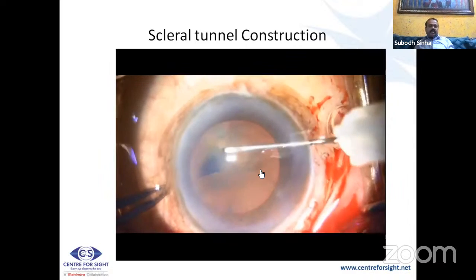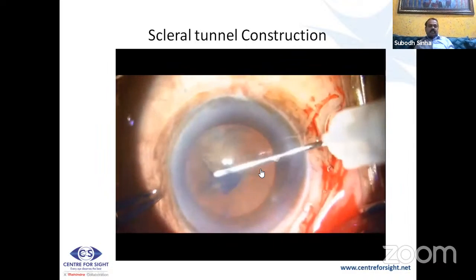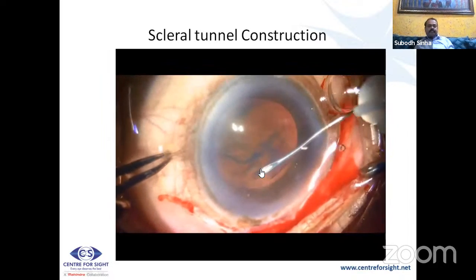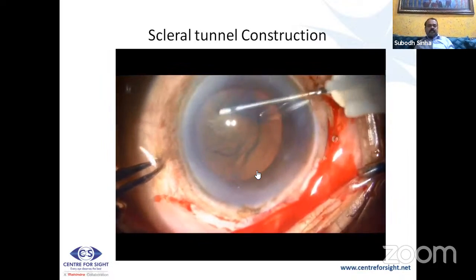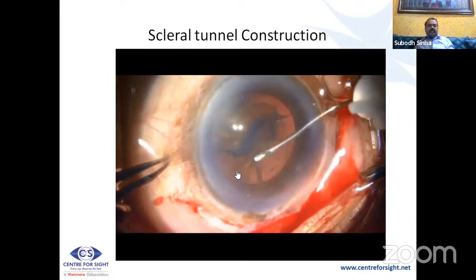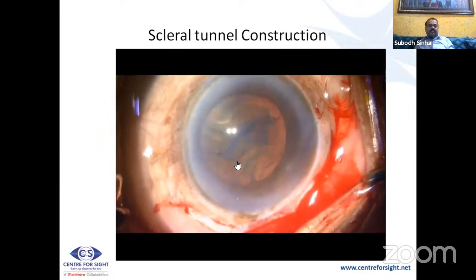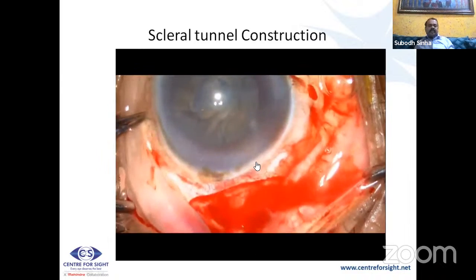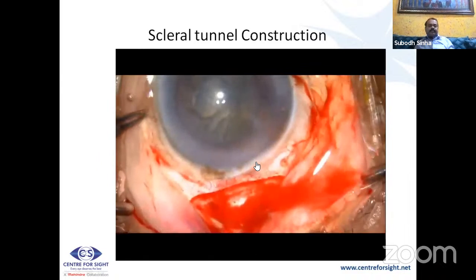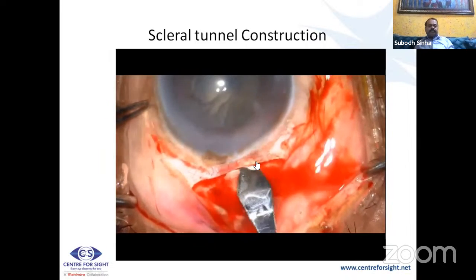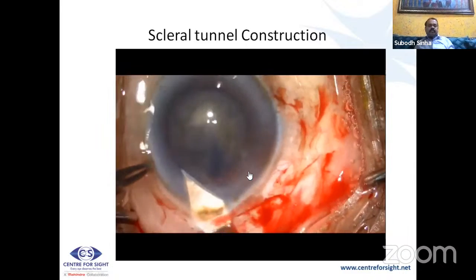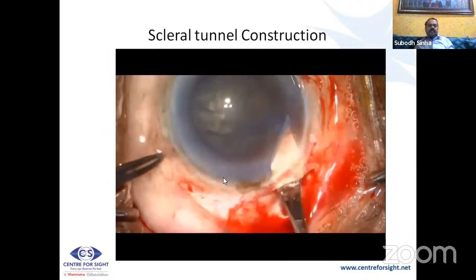Making a continuous curvilinear capsulorhexis. Making a small relaxing incision. Now the internal incision. Once you have entered, your movement will be like this or this side, like this.